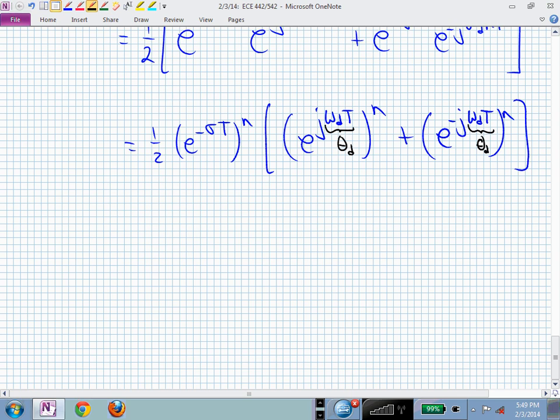Which, if I do that, do you see that this is now e to the j theta sub d n plus e to the minus j theta sub d n? But that should look familiar to you. That's just 2 times the cosine of theta sub d n.